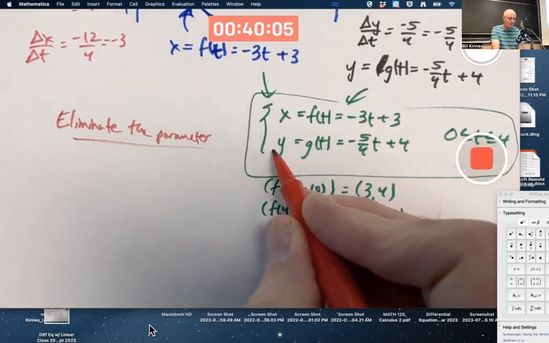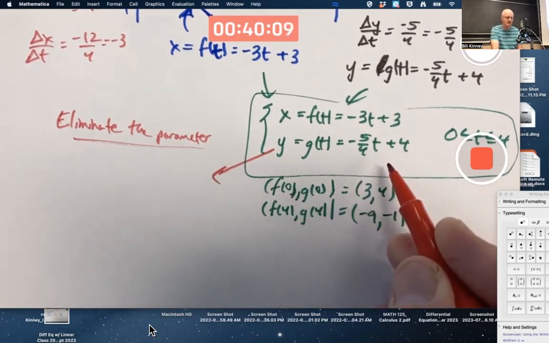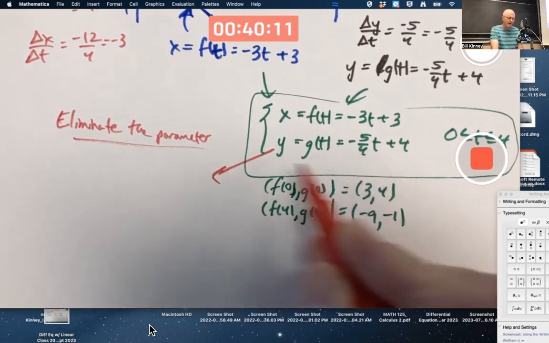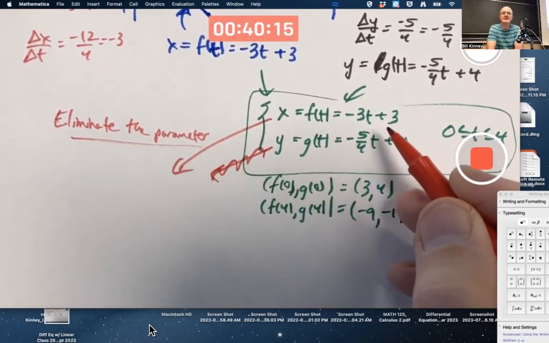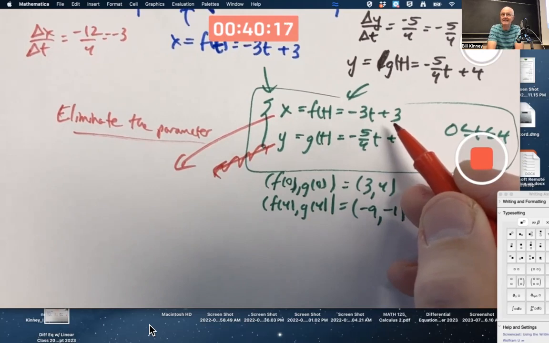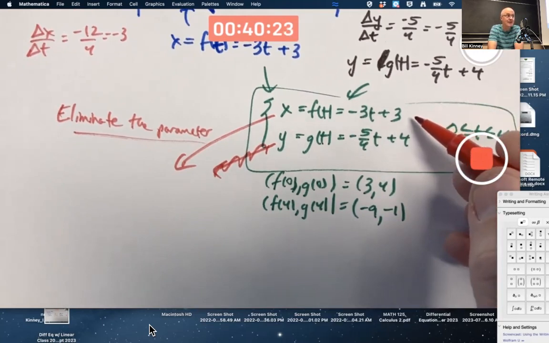Well, in this case, we could say take the second equation. Well, maybe it's better to take the first equation. Let's take the first equation. Solve for t in terms of x. Get t as a function of x. Effectively find the inverse function of this, which can be done here.